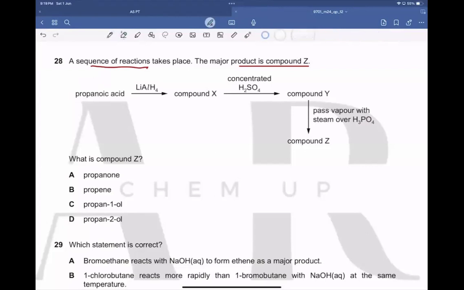The third carbon has a carboxylic acid. On reduction, it will form propanol, propan-1-ol specifically. With concentrated sulfuric acid, elimination would occur and we will get propene.